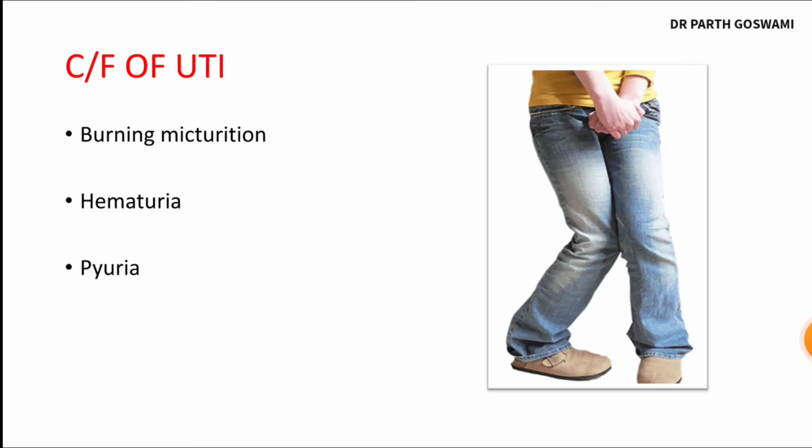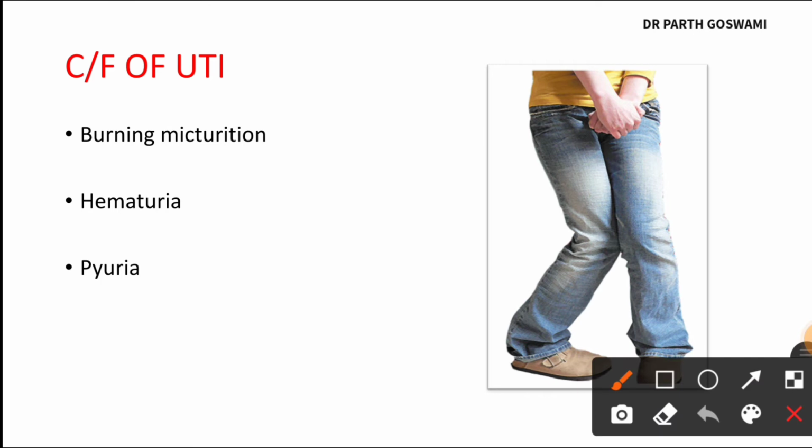All right. Now let's see the clinical features of urinary tract infection. In fact, we can say that the most common form of renal disease is urinary tract infection. There are many varieties of causes of urinary tract infection, and all urinary tract infections usually manifest as burning micturition.